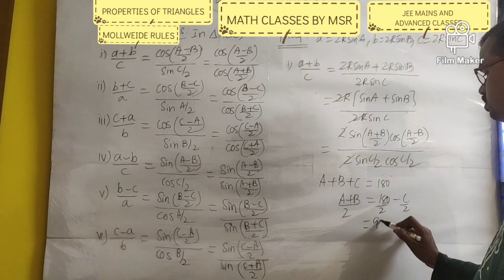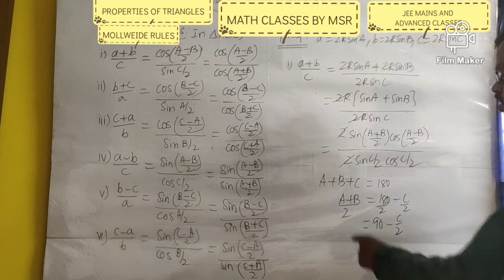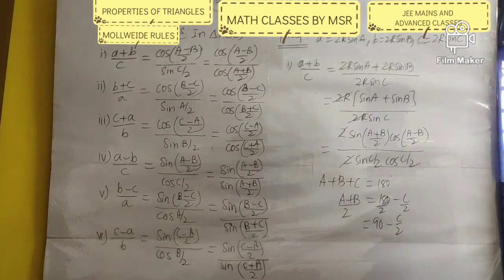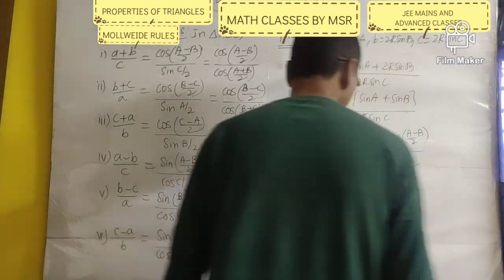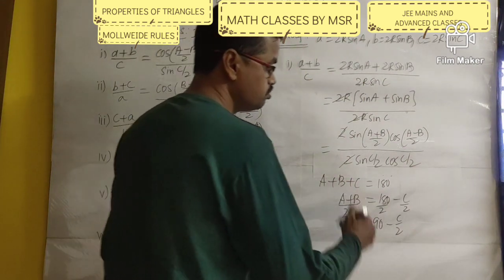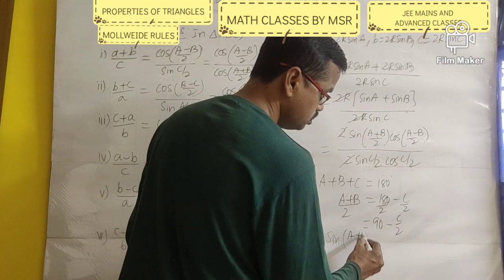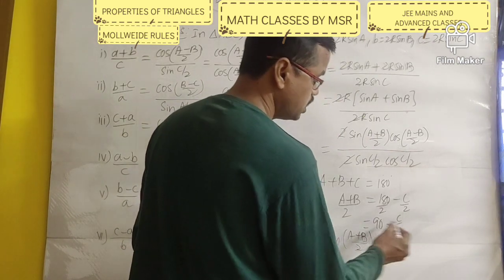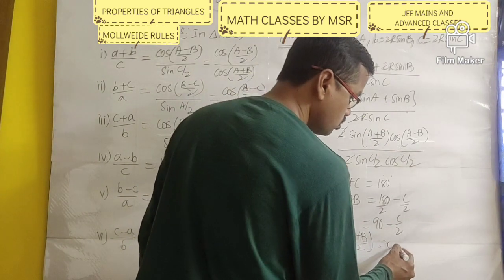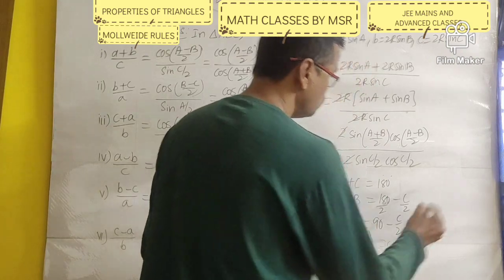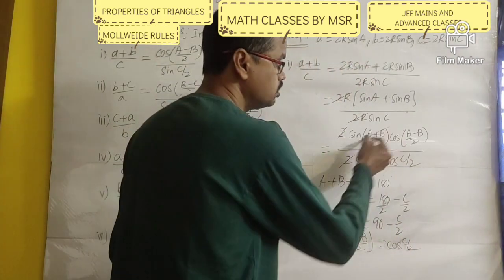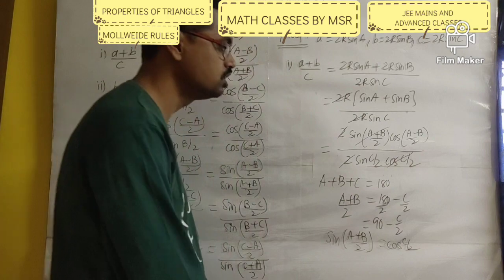That is 90 minus c by 2. What is sin of (a plus b) by 2? Sin of (a plus b) by 2 is sin of (90 minus theta), which is cos theta, so cos c by 2. Now sin of (a plus b) by 2 and cos c by 2 will be cancelled because both are equal.